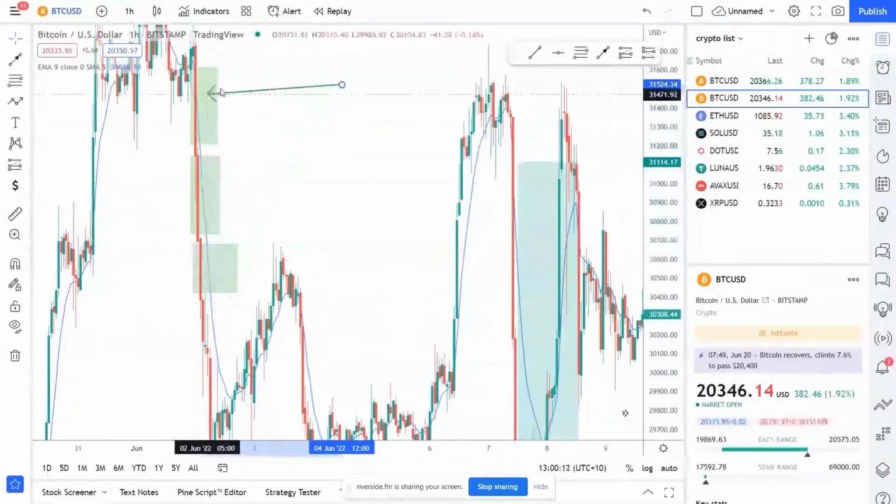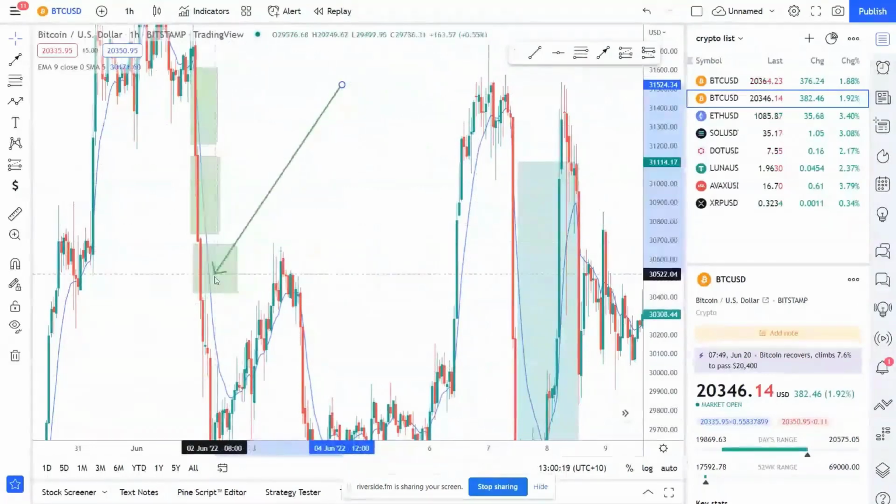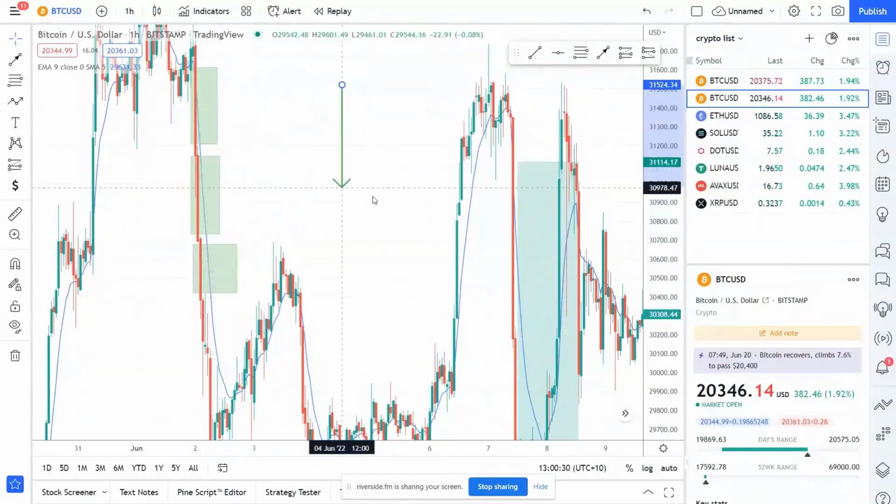So this area, previously, this area and this area, until the market eventually came back up, right? Came back up here, it was untested. So the areas that are untested, because no wicks, obviously, because the wicks came back up here and came back up here, that is why it is not an area of imbalance. As you can see, there's no wicks here. That's where I put my take profits.